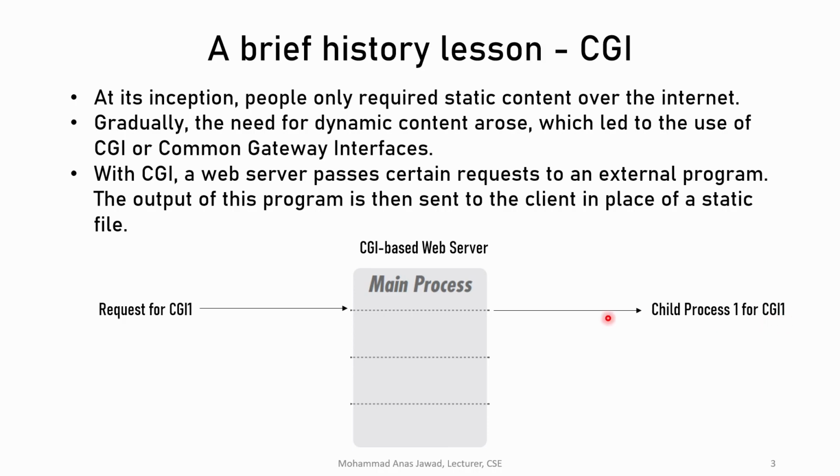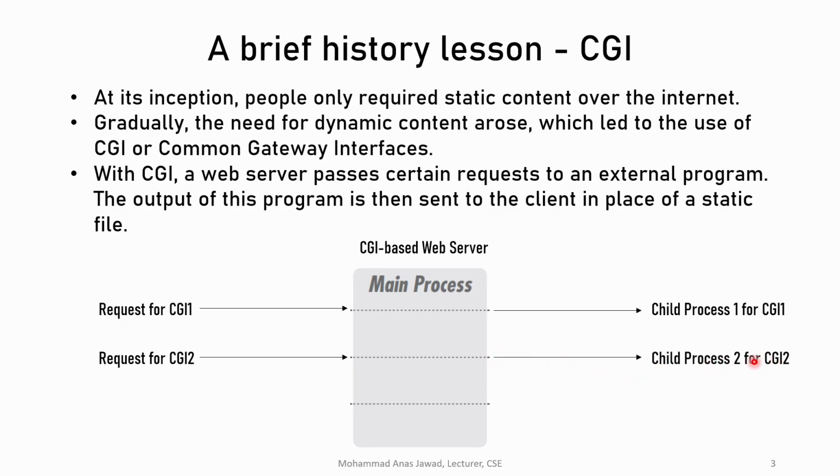Okay, now it is entirely possible that a web server has multiple categories of request, and so it will need multiple types of CGI programs to handle those multiple categories of requests, correct? So now, suppose I have another client which is making a request that would require another CGI application. In this case, we are considering that the name of the CGI application is CGI2. All right. So when the client sends this request, the web server spawns another child process for the CGI2 program.